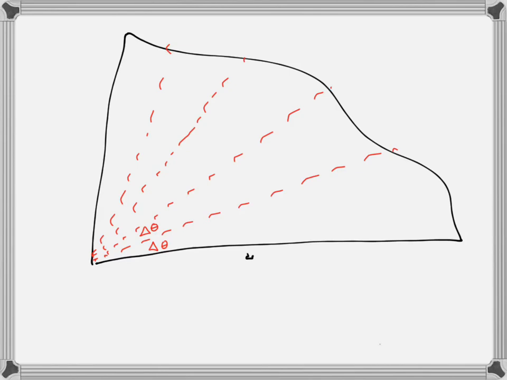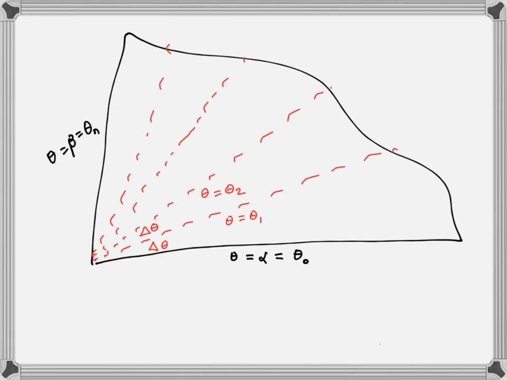If we were to label these with actual names, this is theta equals alpha, but we call that theta sub 0. The next one is theta equals theta sub 1, theta equals theta sub 2, and this goes all the way down, and the very last one, of course, is theta equals beta, which we're going to call theta sub n.